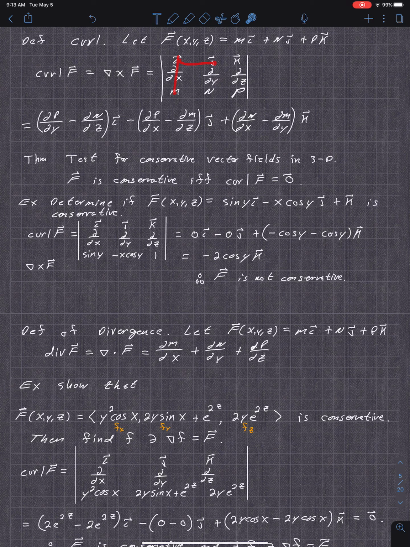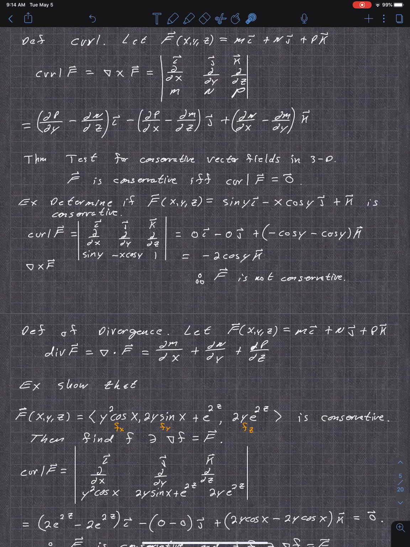You cross out these and do this. So partial P with respect to y minus partial N with respect to z, and you go down the line. If you were to eliminate this and just look at this difference right here, this difference has to do with the 2D case.